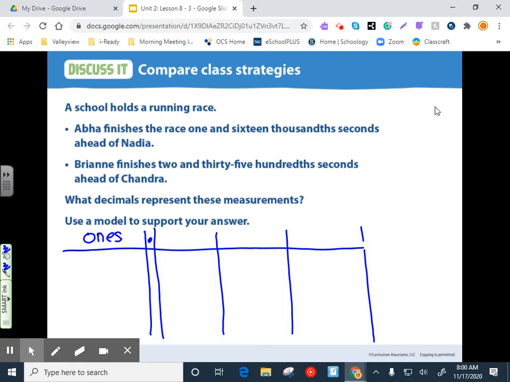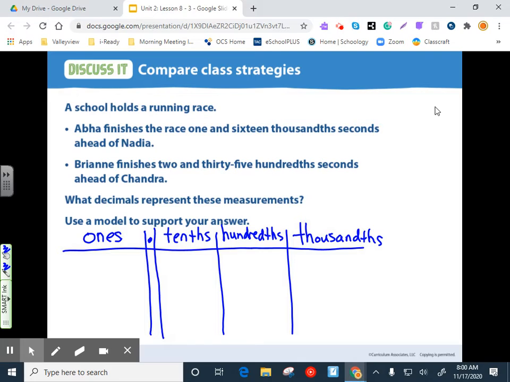I know some of you already know these, but you might still want to label it if you're having trouble. Remember, tenths, hundredths, and thousandths. Another reason to make these is it helps you remember the order of the place values too.